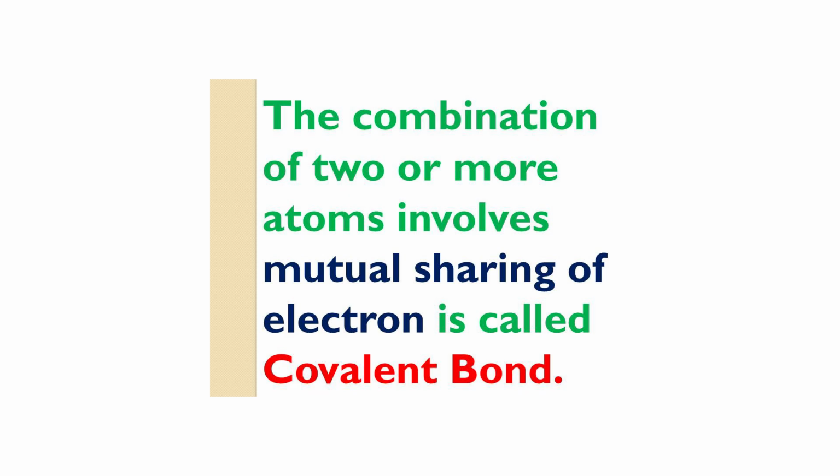Chlorine, atomic number 17, electronic configuration 2, 8, 7. One chlorine atom requires one more electron to complete its octet. Each chlorine atom shares an electron to complete its octet. So Cl-Cl bond. See the formation of covalent bond in these molecules.